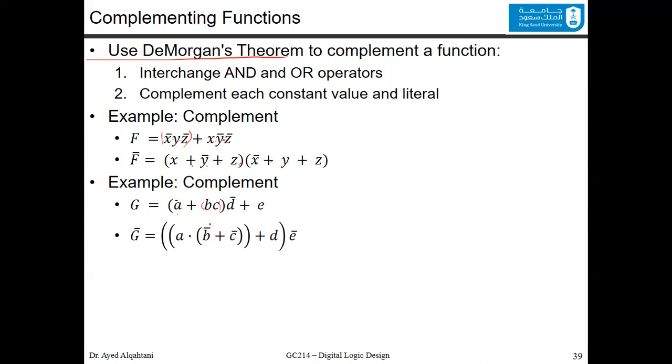Notice that we have parentheses here. If you didn't put the parentheses, then the function will be different. The whole thing was ANDed with D bar. So now the whole thing here will be ORed with D.